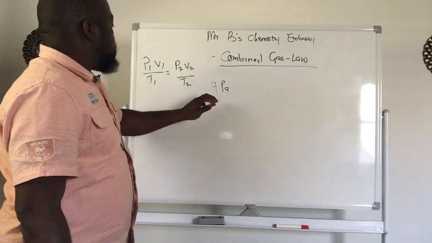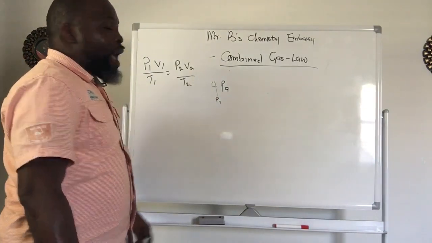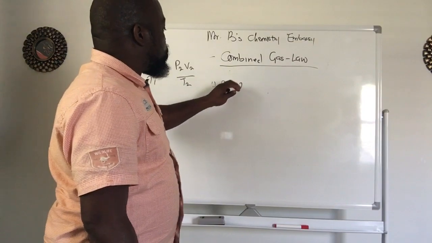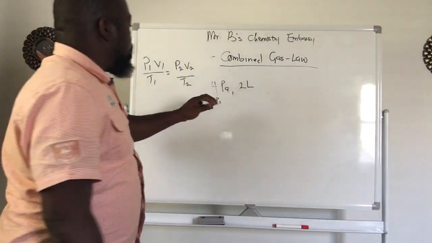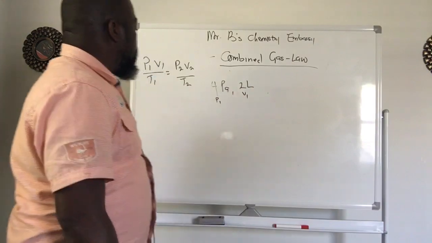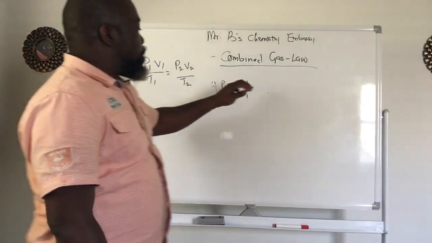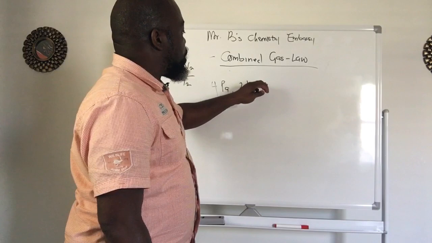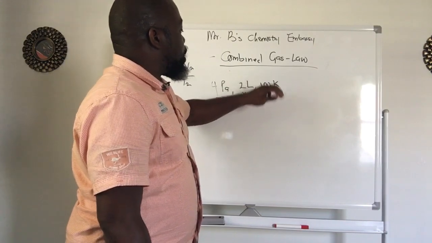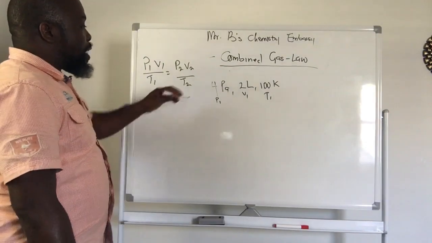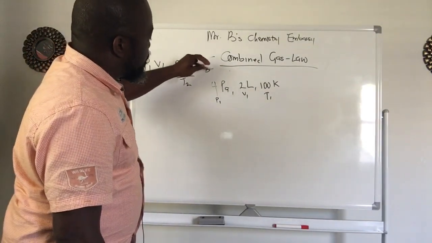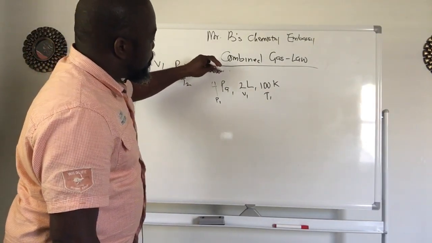That's my P1. The volume of the balloon is 2 liters, and this is going to be my V1. Then the temperature inside the balloon, let's say it's 100 Kelvin, K. This is going to be my T1. So this is an example of a balloon having these characteristics.